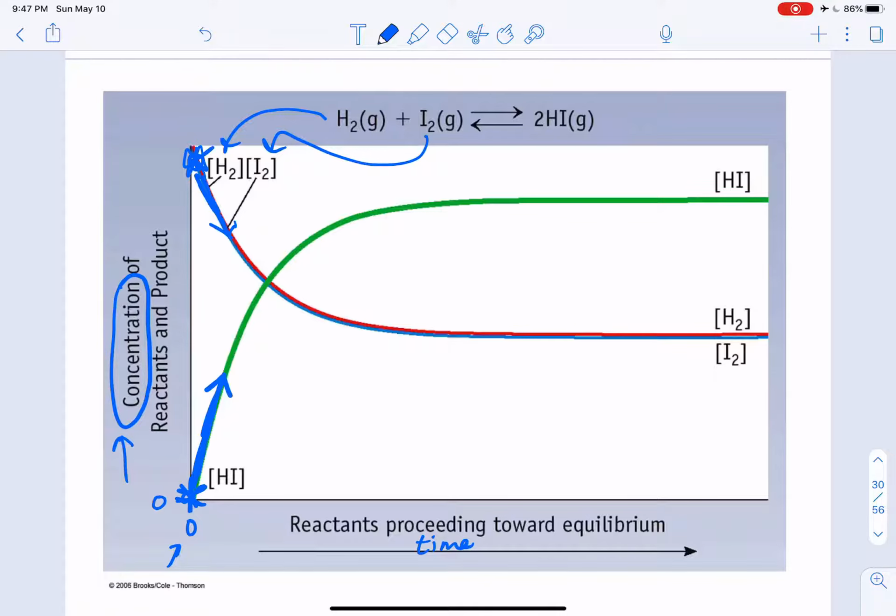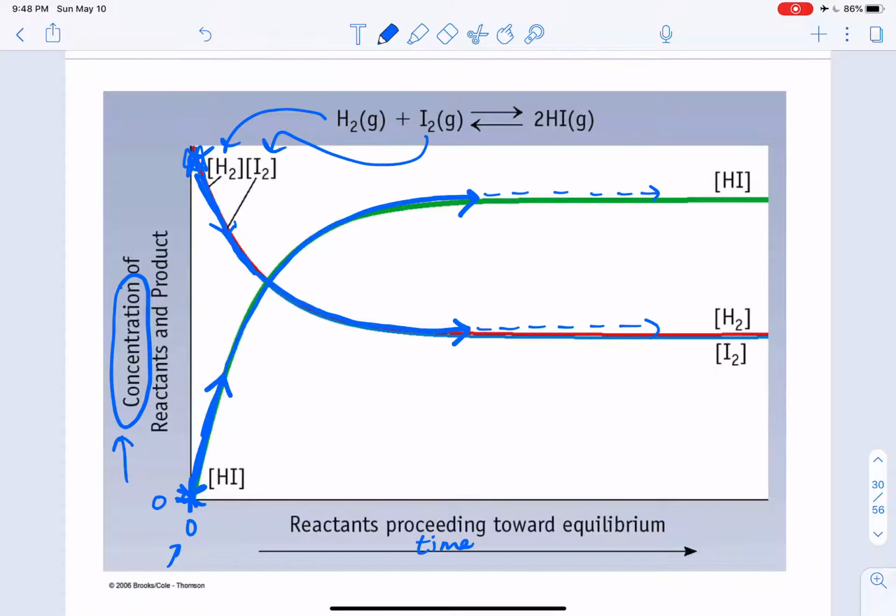And we're going to get a decrease in the concentration of our reactants and an increase in concentration of our products until we reach a point where the concentration of the reactants is constant and the concentration of your products is constant.